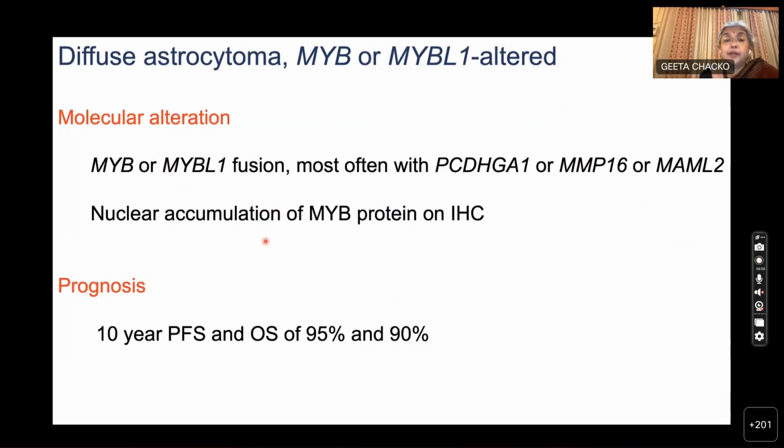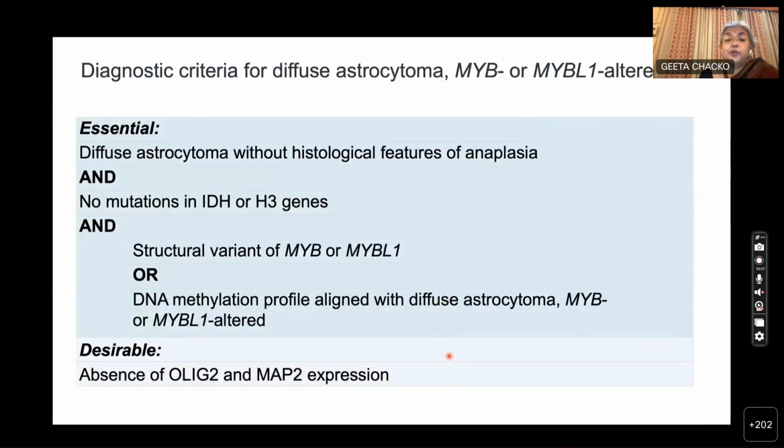There is a surrogate marker with a protein available which can be seen as a nuclear accumulation, and it is important to diagnose because they have a good prognosis. So in this particular entity, amongst the diffuse gliomas, one definitely needs to prove that there is no IDH mutation, there is no H3 mutation, and there is an alteration in MYB or MYBL1.